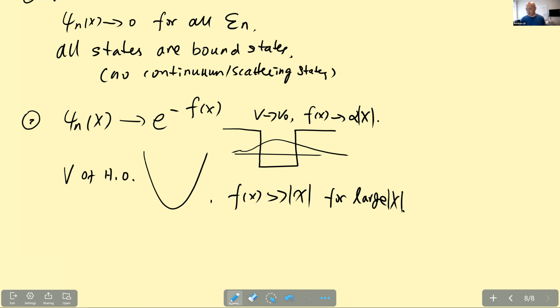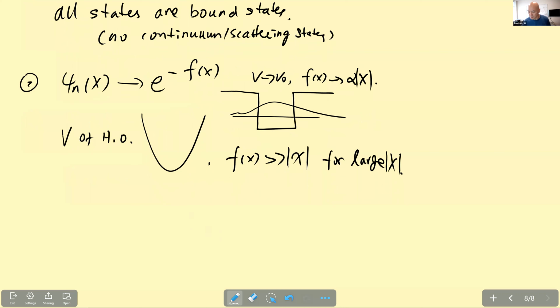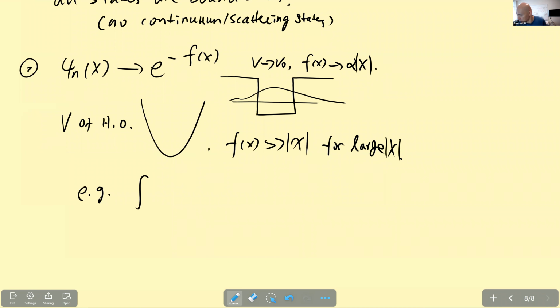For example, you can have f(x) equal to some constant times x to the power beta, with this beta greater than 1, right? If beta just equals 1, you would have something like an exponential decay.